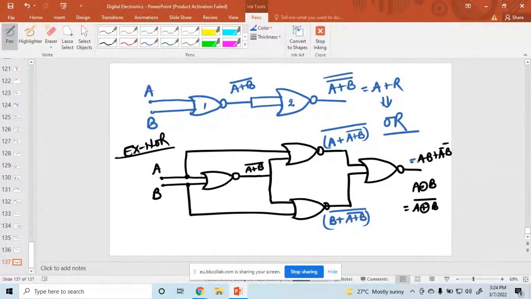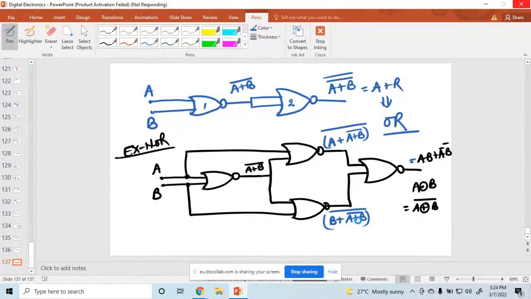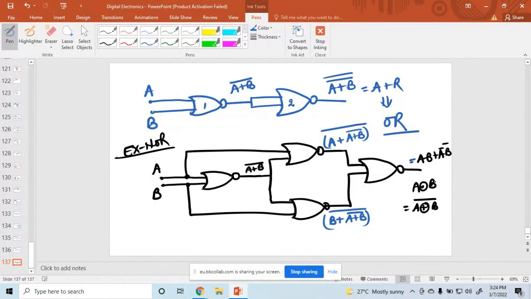And what is the value here? Just this plus this whole bar. After simplifying, you get the XNOR. So how many NOR gates are used? 1, 2, 3, and 4 NOR gates are used.